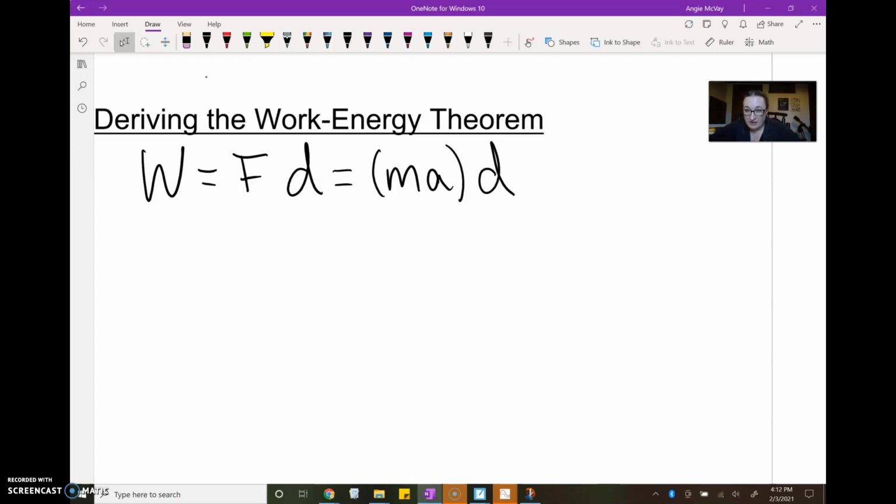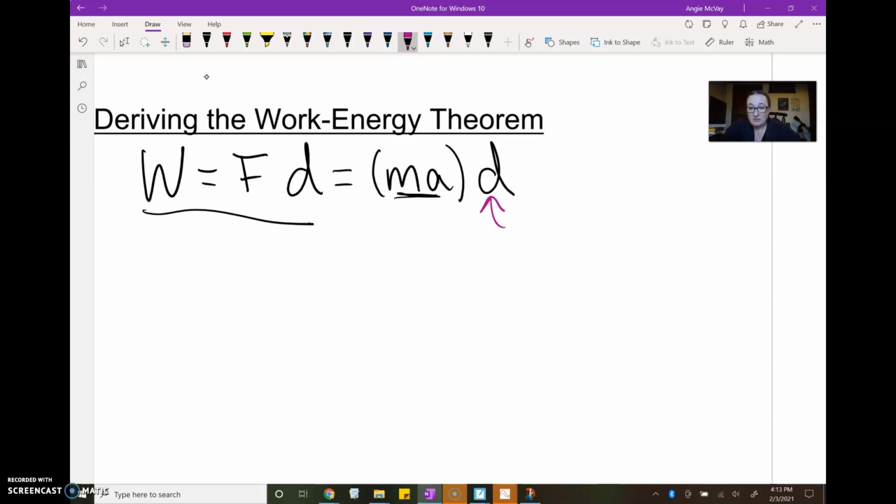It's caused by a net force, and that net force causes acceleration. You're going to speed up or slow down due to that net force. So we've got our energy equation, work equals force times displacement, and for net force we can substitute in Newton's second law, F net equals ma.